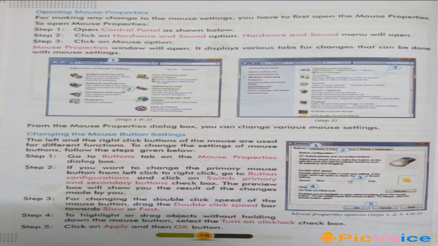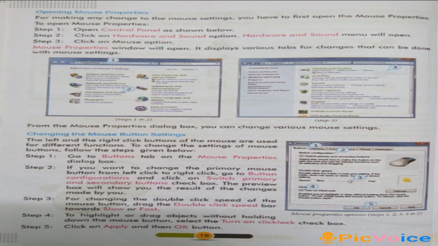Step 3. Click on Mouse option. Mouse properties window will open. It displays various tabs for changes that can be done with mouse settings. From the mouse properties dialog box, you can change various mouse settings.